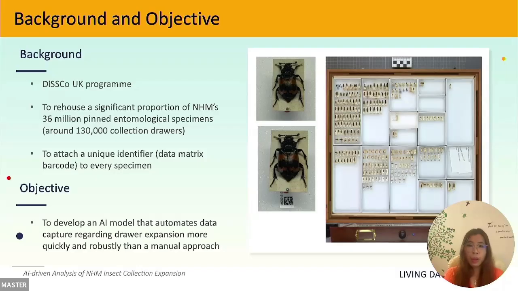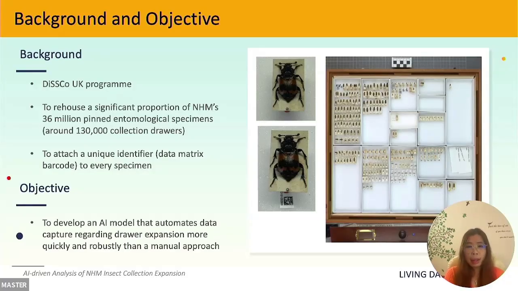As part of the DISCO UK program, the Natural History Museum London will undertake a massive digitization project to rehouse approximately 36 million insect specimens across around 130,000 collection drawers. This process involves imaging a specimen and attaching a barcode to it, so that it is readable by both machines and humans.